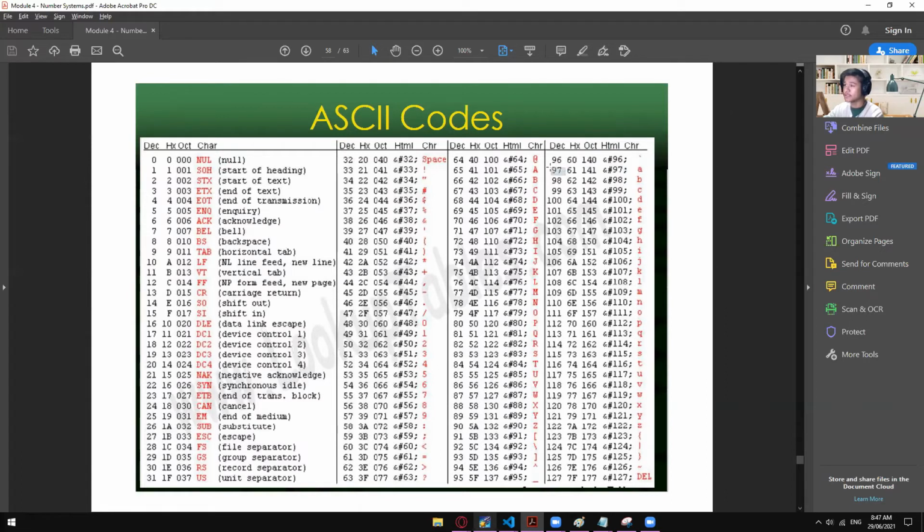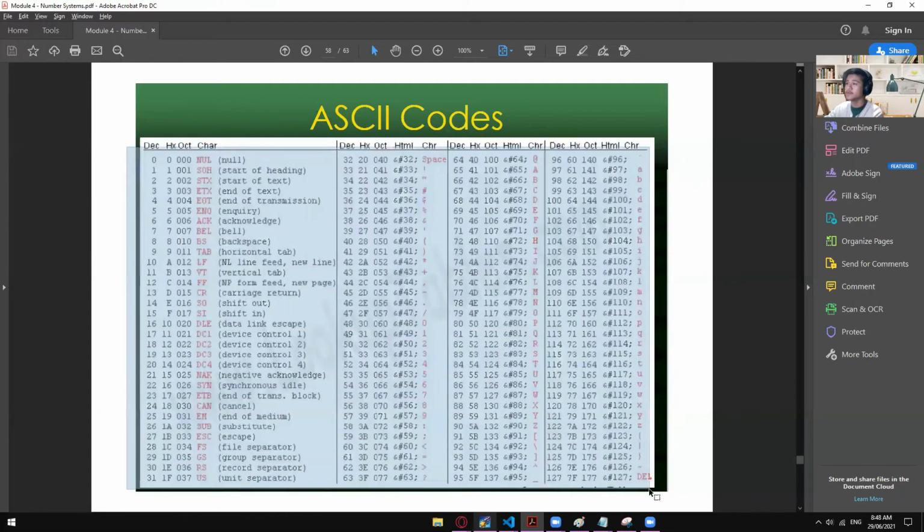If it's decimal, the one being read is 97. If it's hexadecimal, it's 61. If it's octal, it's 141. So it can't be read as the letter A right away. They have their own ASCII representation.